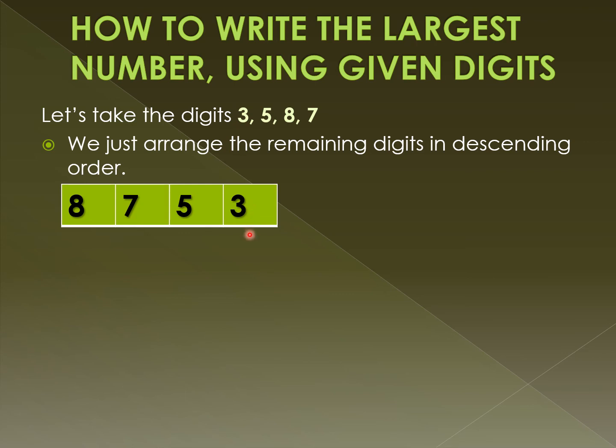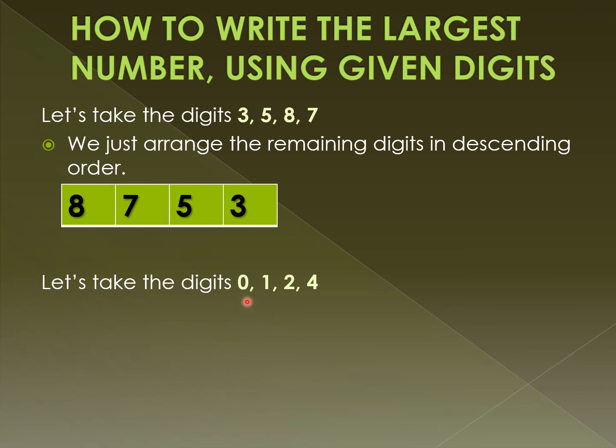So the greatest number that we get from the digits 3, 5, 8, 7 is 8753. Simple. So all that we did was we just arranged the digits in descending order, greatest digit to the smallest digit. Let's look at another example.